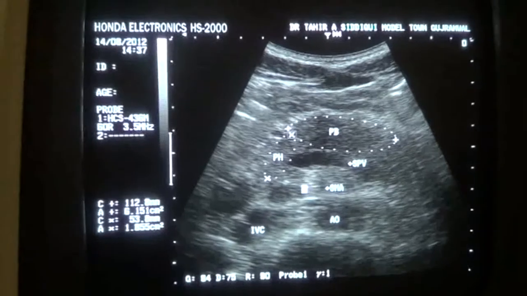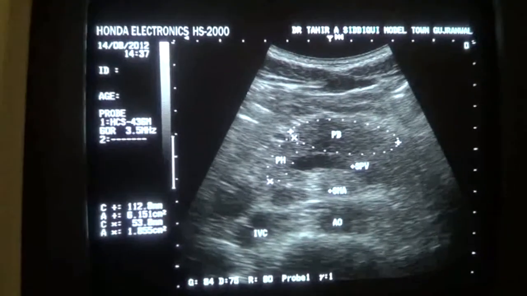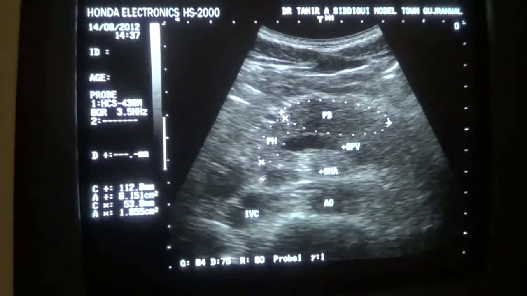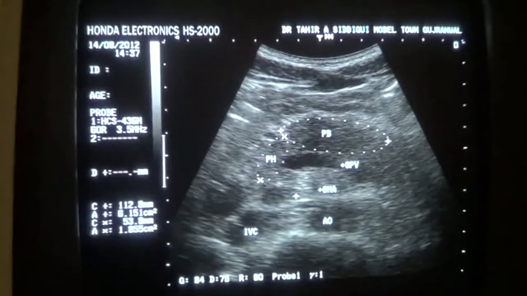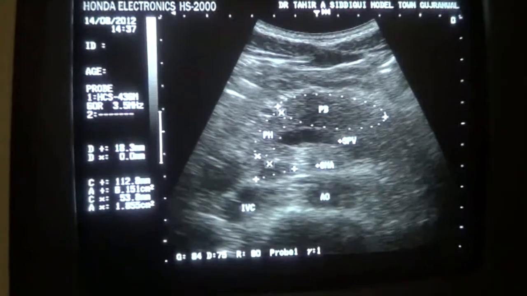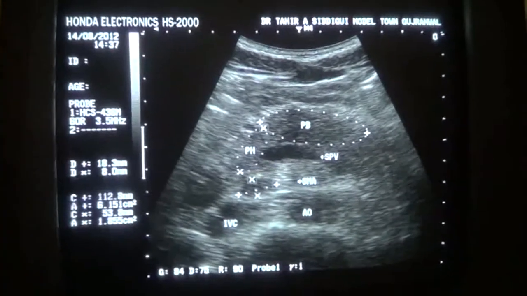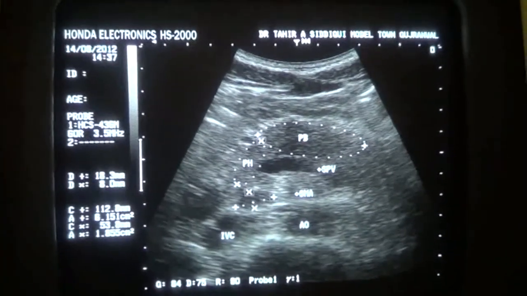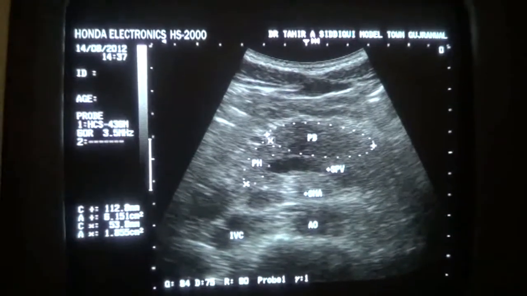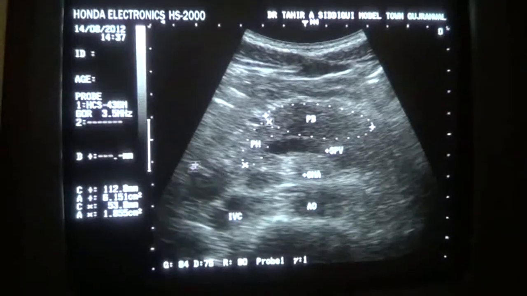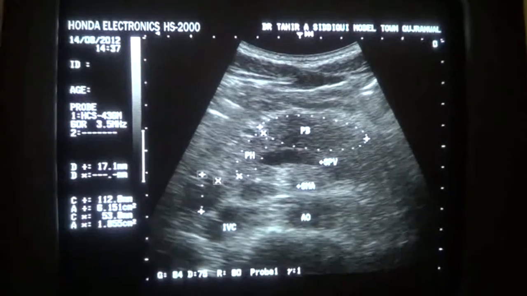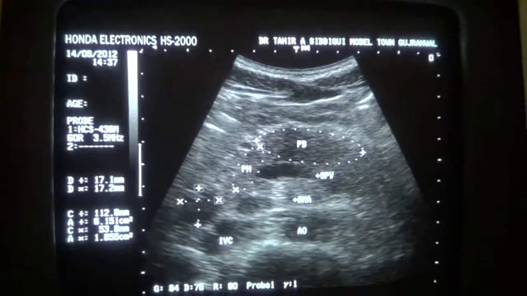Okay. Now this is a hypoechoic area, well demarcated, and measures 18.3 by 8 millimeters, and there is another well demarcated hypoechoic area at the right parapancreatic region.